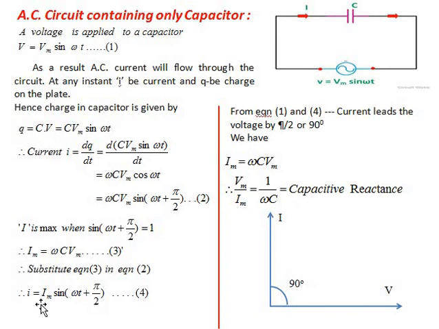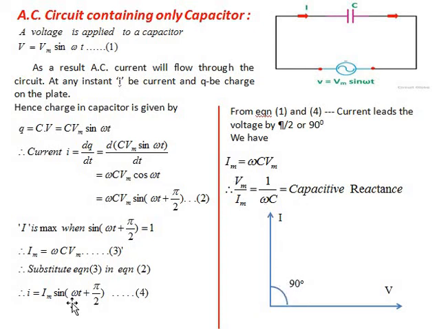In the sense that the current phase is increased by pi by 2 or 90 degrees. Clear? So therefore in this case current leads the voltage in the anti-clockwise direction, by 90 degrees.